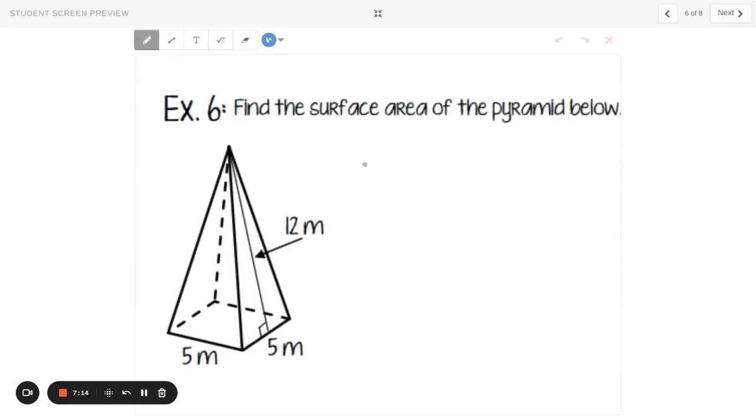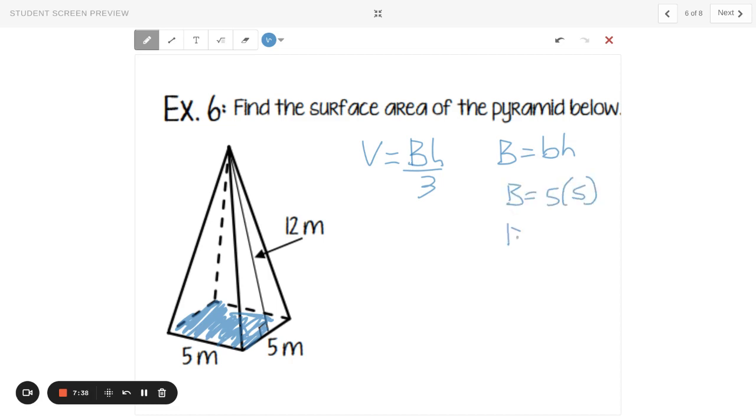All right, you pause the video and try this one. So this is still a rectangular pyramid. So your volume formula for a pyramid is V is equal to big B times H divided by 3. Since it's a rectangle, big B is just base times height. The base is 5 times 5, which is 25.